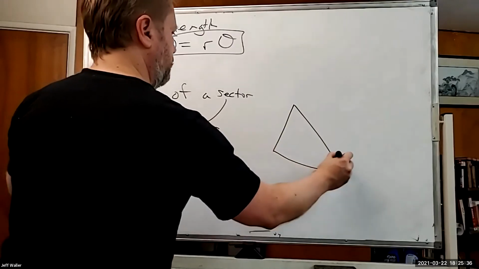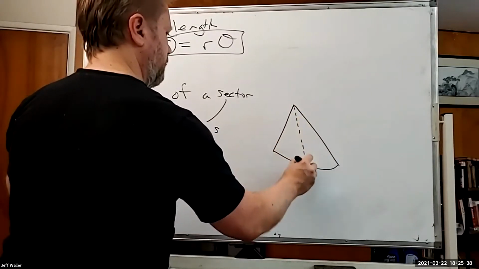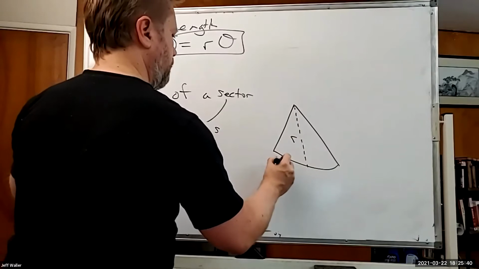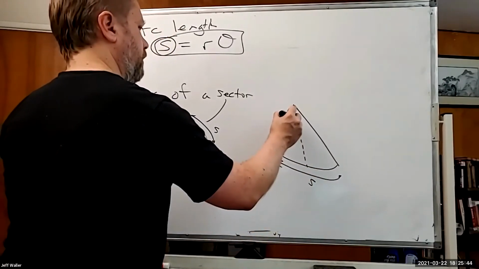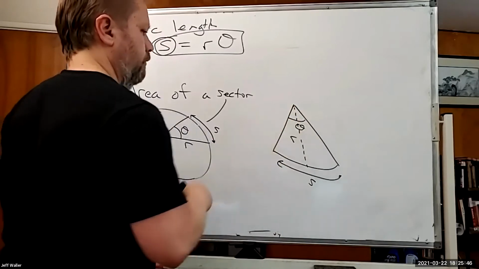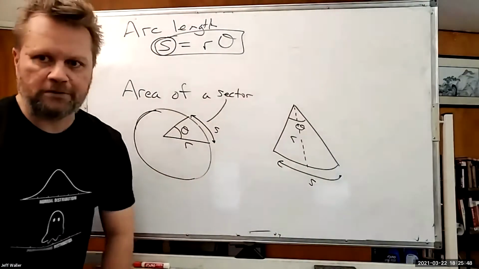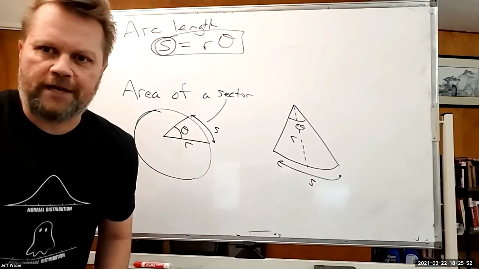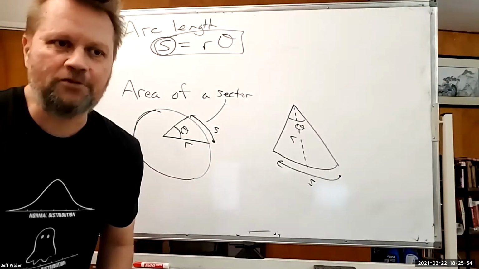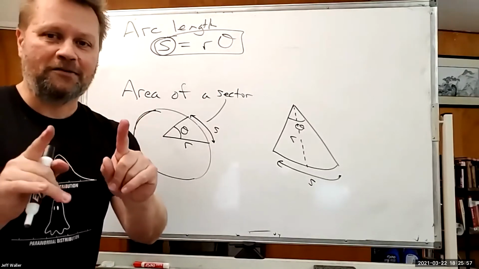What does it almost look like, especially if I do this? What shape does that almost look like if I could just flatten one side of it? A triangle. Okay. You ready?